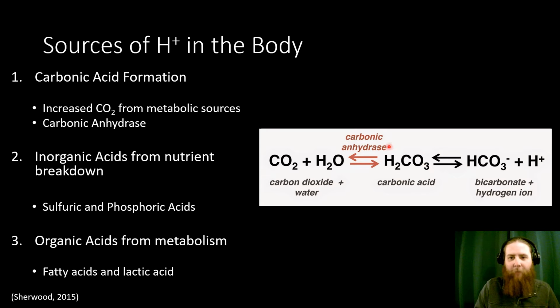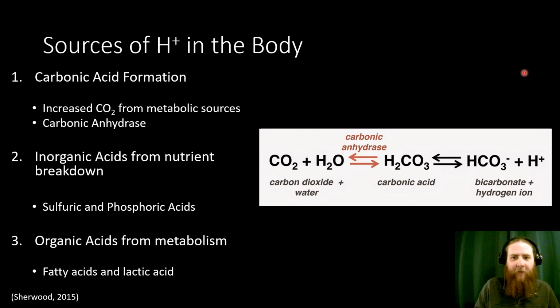These arrows mean that it is a reversible reaction, to bicarbonate and hydrogen ion. Now, if I add more carbon dioxide, because of Le Chatelier's principle in chemistry, the reaction is going to move to the right, and that will cause more hydrogen, and we will have more acidicness inside of the body.